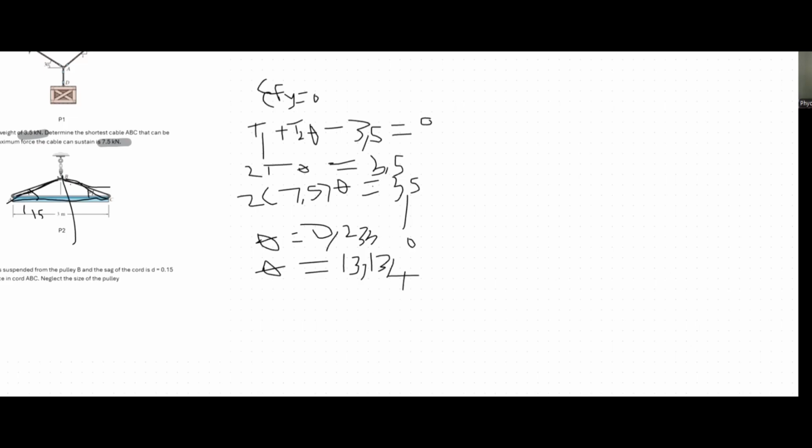So we are going to calculate the length. We are going to say L BA is equal to the horizontal distance over cos theta.